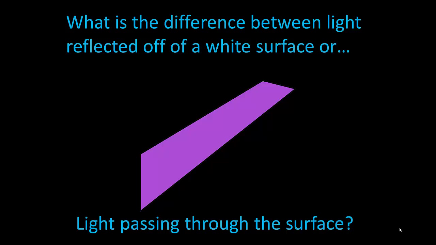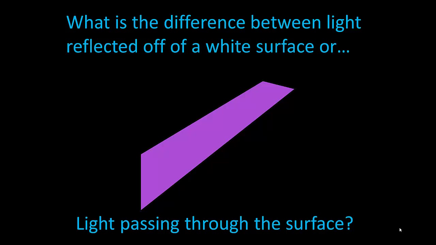In other words, if that surface was a film or plastic that was translucent, meaning you can't see an image through it, but light can pass through it, versus if it was glass, clear glass. Okay, this illustration is for a translucent aperture, not a transparent one.